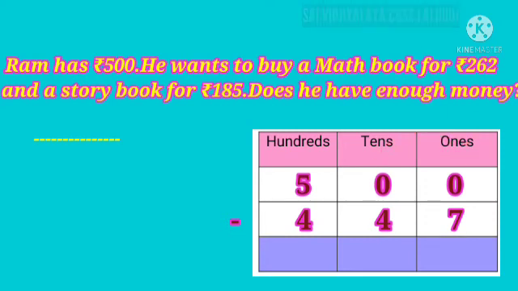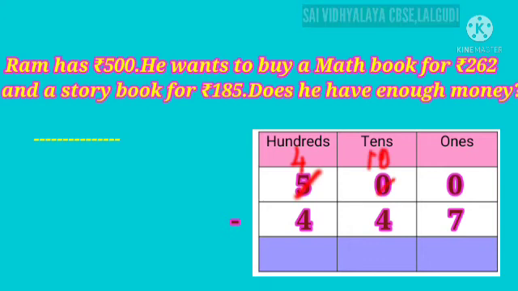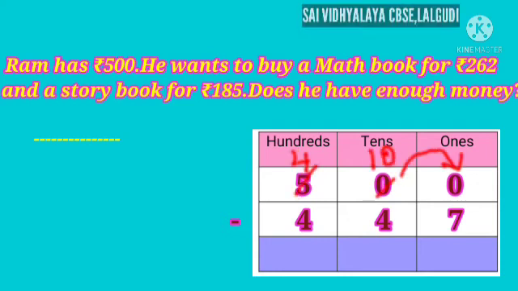But in tens place again we have 0. Move on to the next digit, that is hundreds place. Borrow 100 from 500. Now 4 hundreds are only in hundreds place. In tens place there are 10 tens. Borrow 1 from 10 tens.